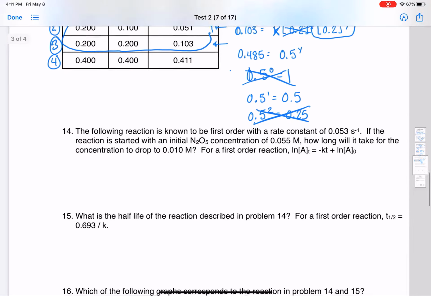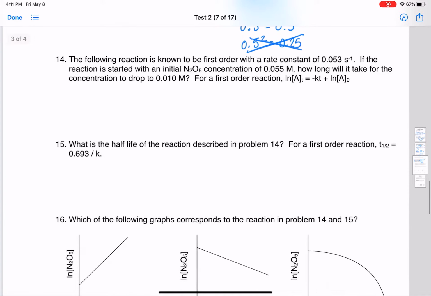Let's move on. Problem 14. The following reaction is known to be first order with a given rate constant. If the reaction starts with an initial concentration, how long will it take? We've got the first order integrated rate law. So we have a rate constant, k.